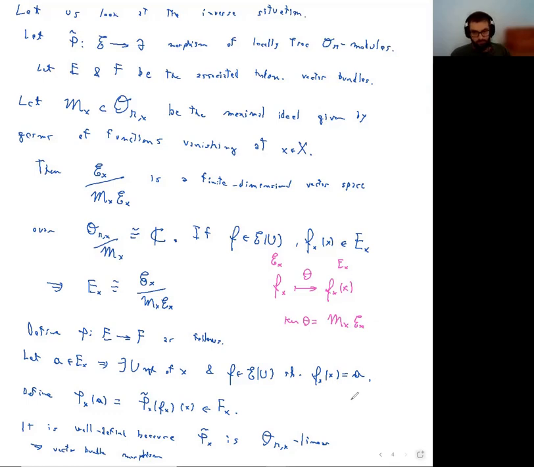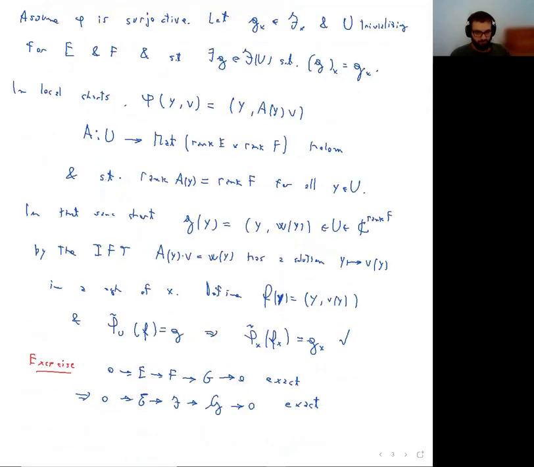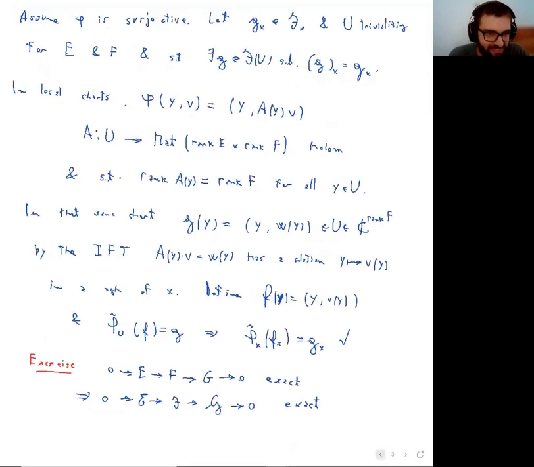Now I'm going to show you the inverse implications. If we start with an exact sequence of vector bundles, we get an exact sequence of sheaves, but the opposite is not true. Actually, in a sense, it is true, and we'll get to what I mean by that.